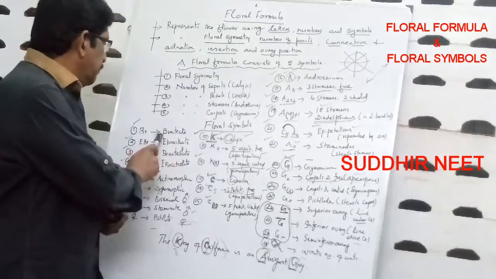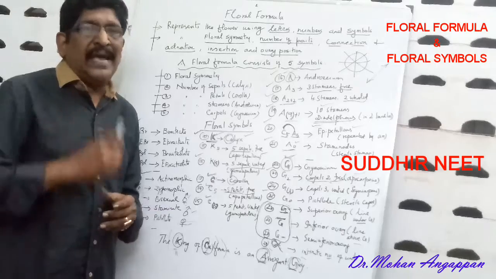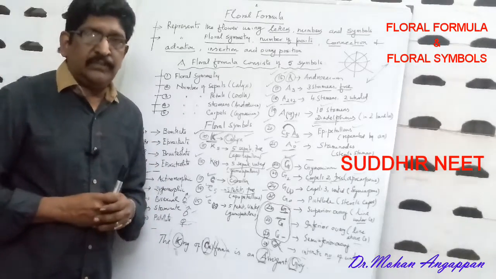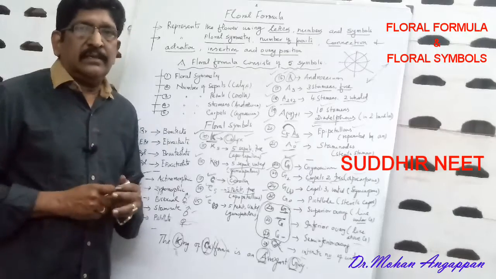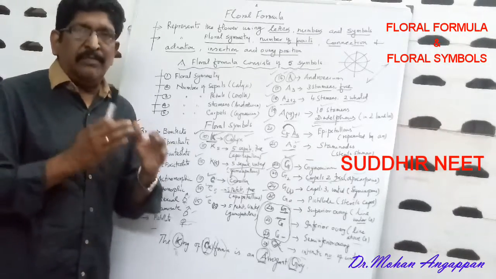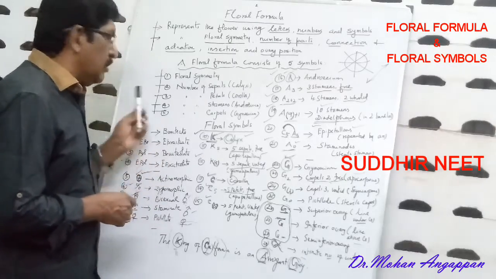One, bracteate, BR. What do you mean by a bract? If a bract is present, that is called a bracteate flower. What is a bract? A leaf-like structure present at the base of the pedicel is called a bract. If it is present, that is called bracteate, symbol BR.